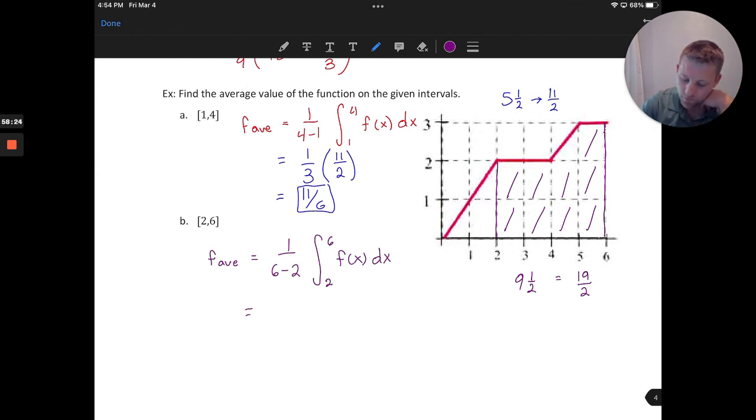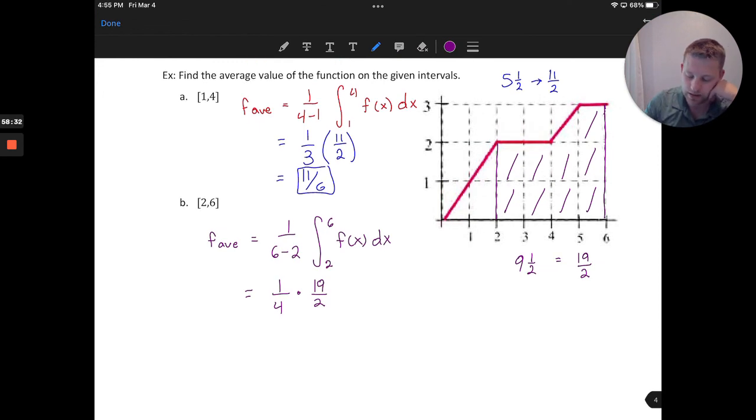So we can take our interval of 4 units, so 1 over 4, times the total area there, which is 19 over 2, and that gives us an average value of 19 over 8. There we go, that looks better. Or just to get a feel for this number, looks like 2 3/8, so almost 2.5 would be our average value there.